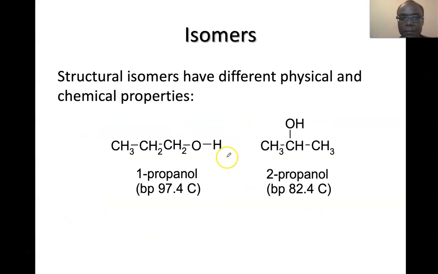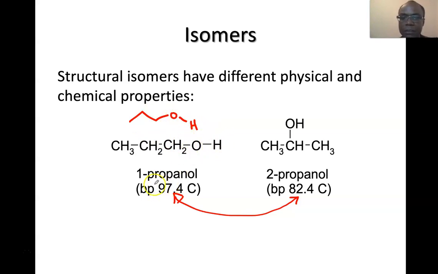Now, there's importance to this isomerism property because it's going to affect the physical properties of these compounds or molecules, so to speak. So 1-propanol, to draw it showing the line angle formula, should probably be drawn like that with 3 carbons and an OH.